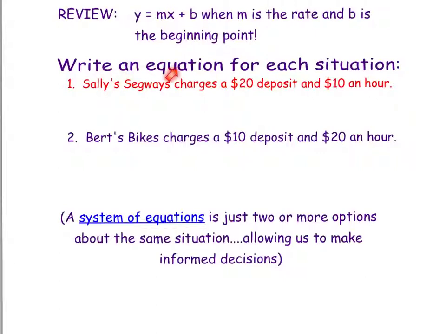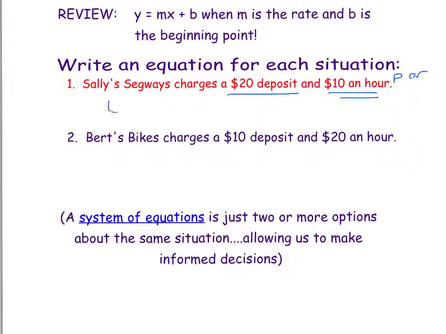So if we're going to write an equation for each situation, so Sally's Segways, we're trying to go from one location to another location. We're trying to figure out, should we rent a Segway or a bike? So we're going to look at the situation. Sally's Segway charges a $20 deposit. So that's the upfront cost, and $10 an hour. This is the per cost. So that is the rate.